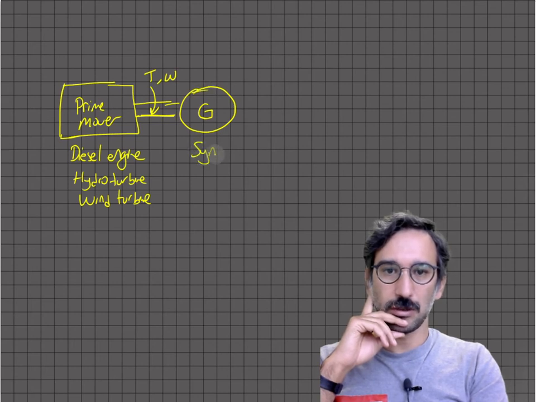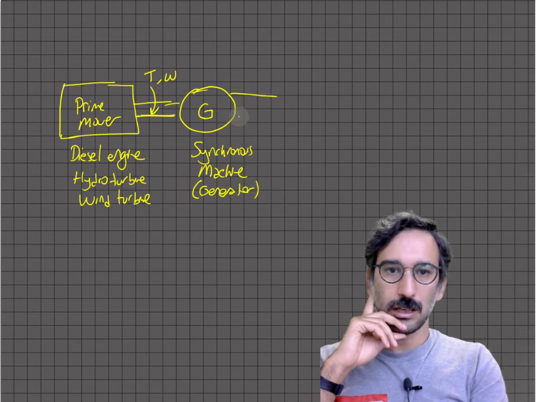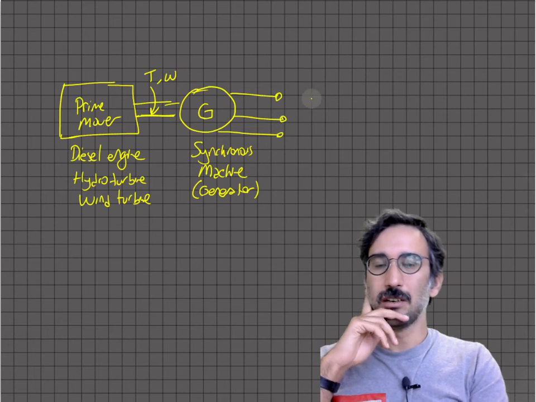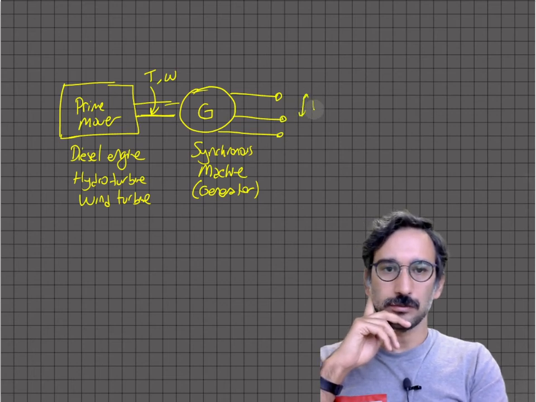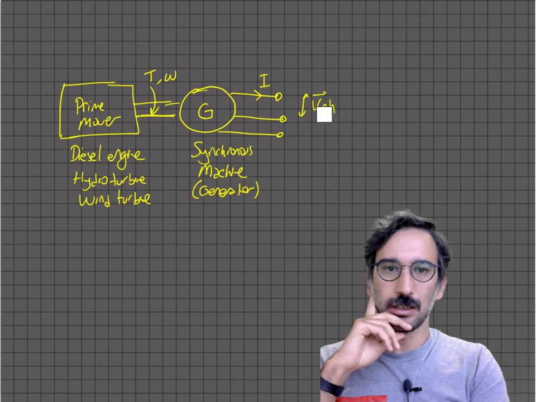So this is your synchronous machine, but it is operating as a generator. You have three phases coming from your system, and you have your voltage and current. Let me make the connections.